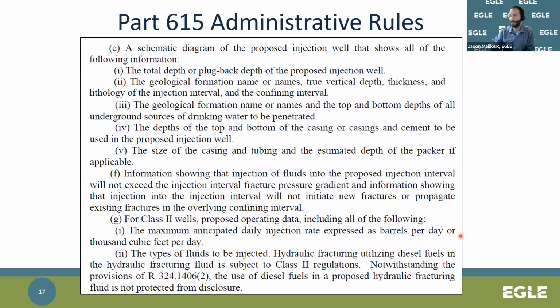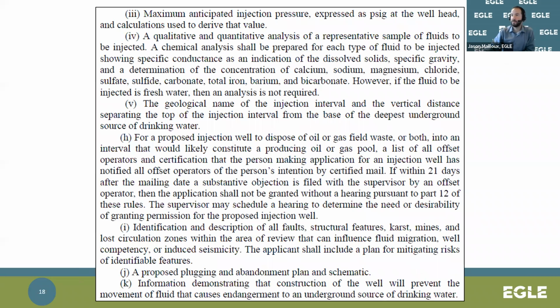So anticipated injection rate, fluids to be injected, maximum anticipated injection pressure, fluid analysis, geologic time. There's special provisions here in H if it's going into an oil or gas pool to notify offset operators, identification of faults, features, plugging and abandonment, and again, finally, information on construction that demonstrates it'll prevent movement.